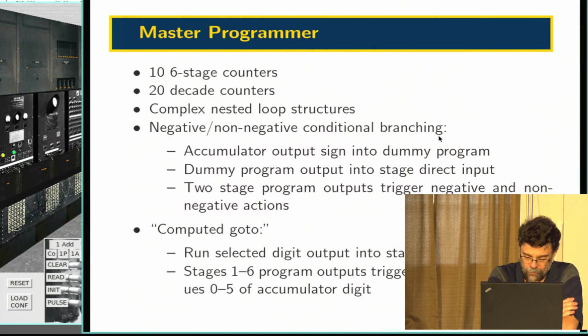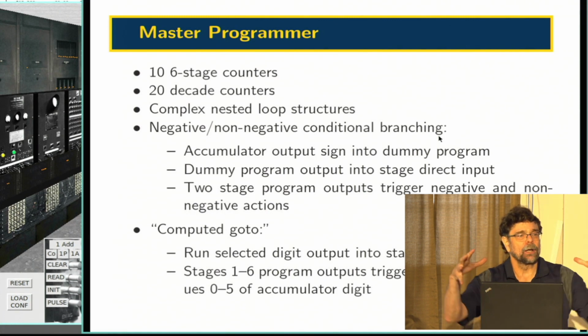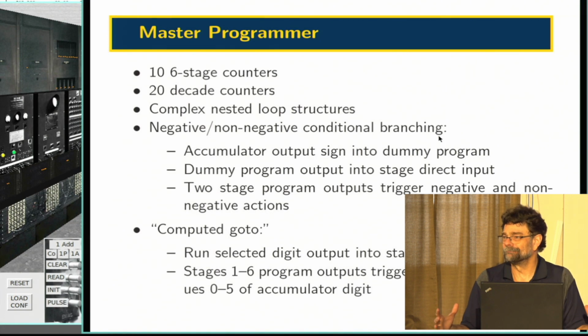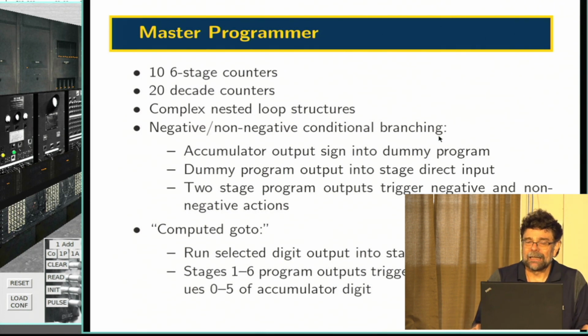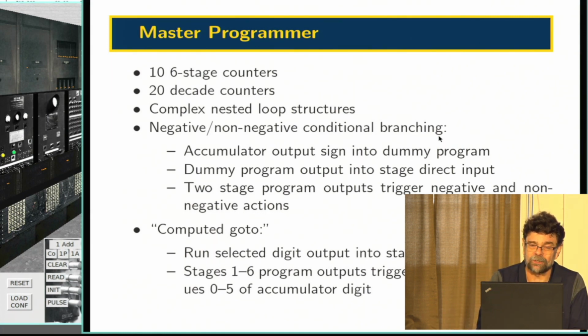The master programmer is basically a very big nested loop machine. You can essentially program it with all your for loops. Now, you can do a little bit more with it than just that, but that's a good first approximation to think about.